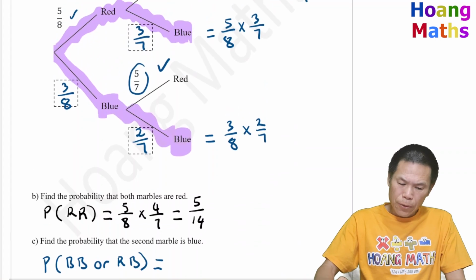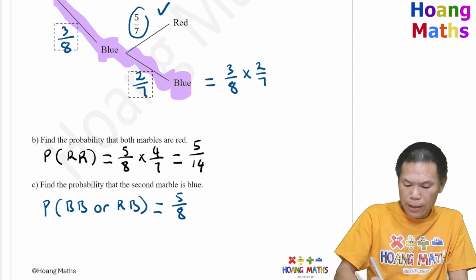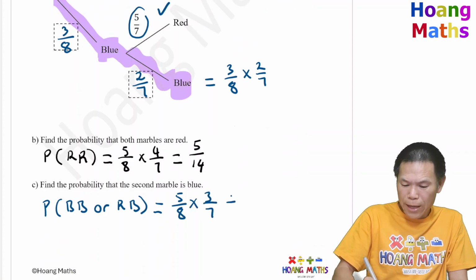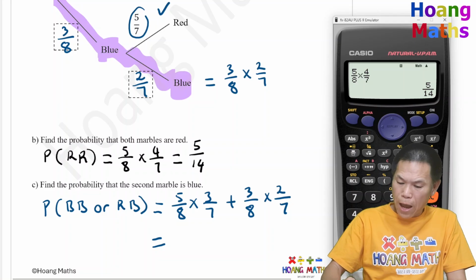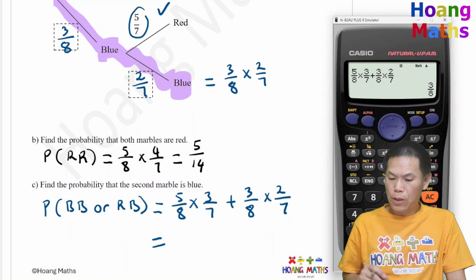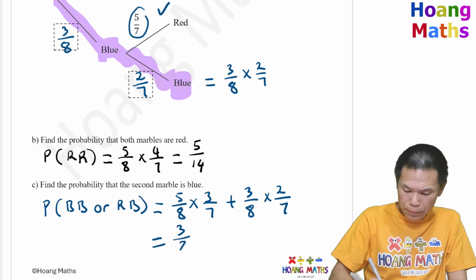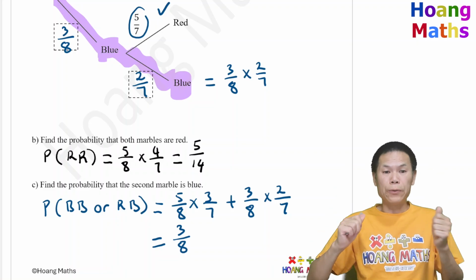So that means 5 over 8 times 3 over 7, and we add 3 over 8 times 2 over 7. There you go. The answer is 3 over 8.